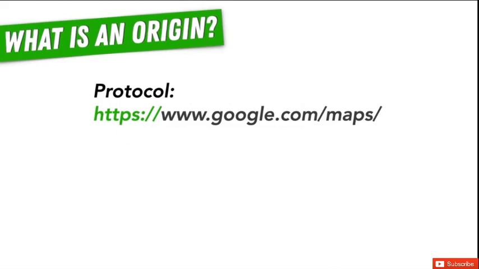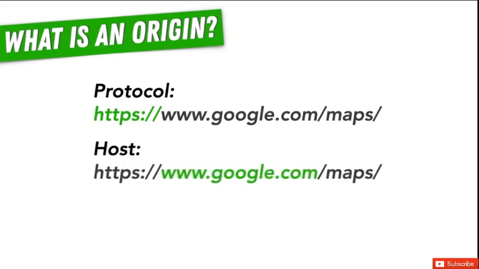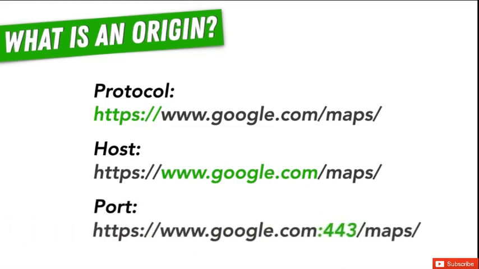Next up, we have a critical part of the origin, which is the host. The host tells us which server we're going to be browsing to, or which server is going to be handling our request. And the third part of the origin is the port, whenever it's included in your request.